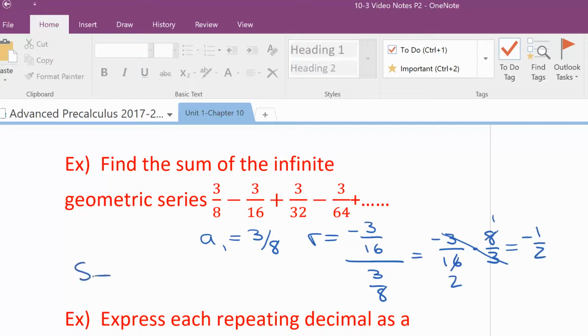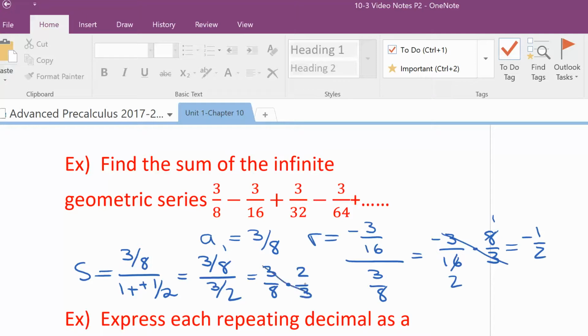So when you find the sum, it's 3/8 over 1 minus -1/2. So it's 3/8 over, 1 minus negative 1/2 is the same as 1 plus 1/2, which is 3 halves. When you multiply by the reciprocal, you get 1/4. So the sum of that series is 1/4.